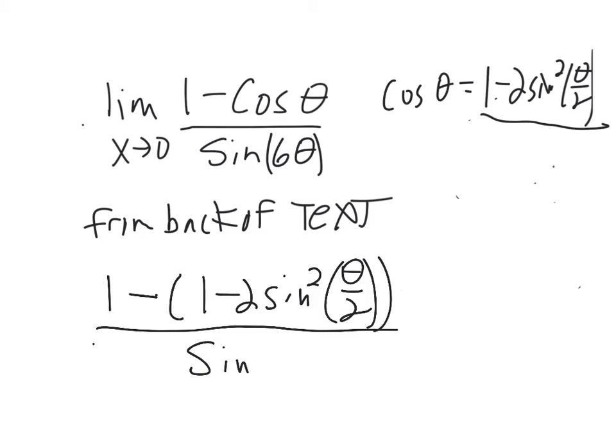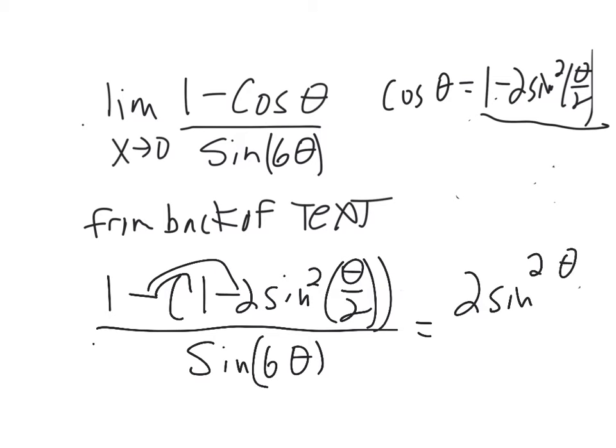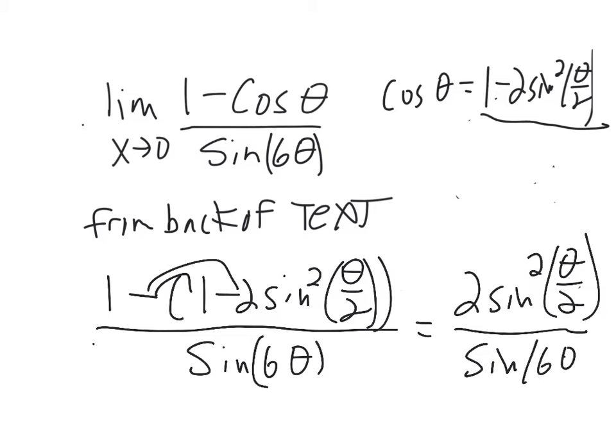Okay, so sine 6 theta. And then if we distribute that negative through, the 1 and the negative 1 cancel out, and that negative 2 turns positive. So now I'm left with 2 sine squared of theta over 2, and that's over sine of 6 theta.